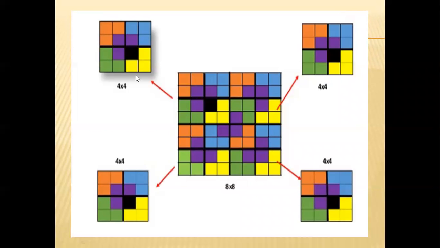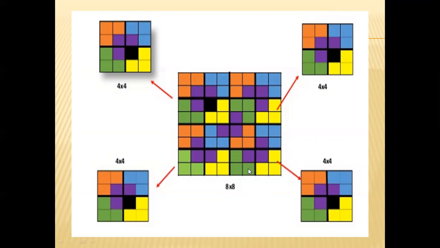For example, suppose an 8 by 8 chessboard. The 8 by 8 chessboard is divided into 4 by 4 chessboards. In the first 4 by 4 chessboard there is only one defective square. The remaining squares are covered with triominoes.